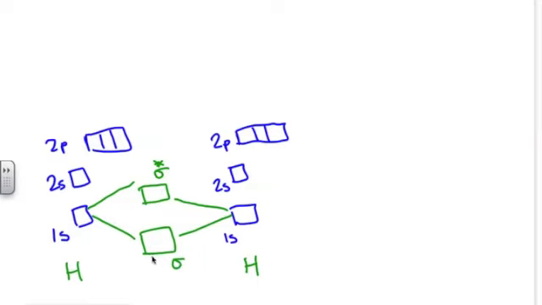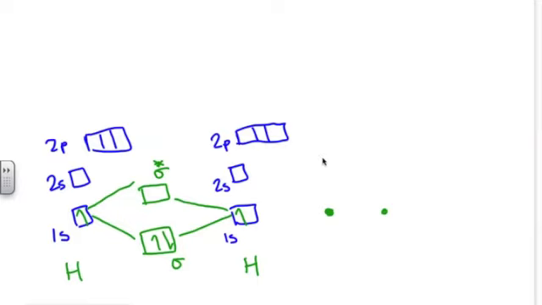If I take one electron here and one electron here, electrons will go to the lowest energy level first, and these two can pair up. We've used those two electrons, so there's no reason for them to go into the anti-bonding orbital.